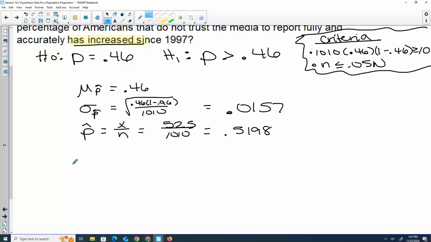Now, if I'm going to use my normal table to get my probability, what do we have to do? Z. So Z is our value, so the p-hat minus the mean divided by the standard deviation.